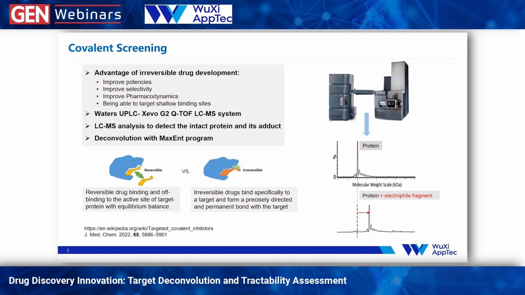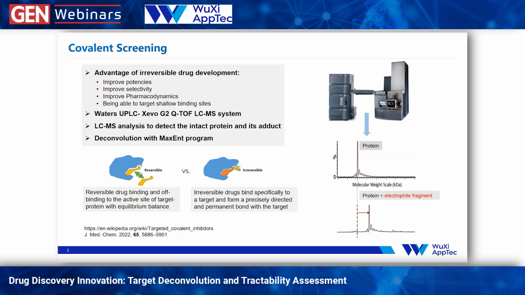Covalent drugs have gained popularity in recent years. Covalent drugs are a class of active molecules that bind to a drug target irreversibly by forming a covalent bond between the active molecule and the target. Compared to reversible drug molecules, covalent molecules have the advantage of low dose and high potency and can target previously undruggable targets.